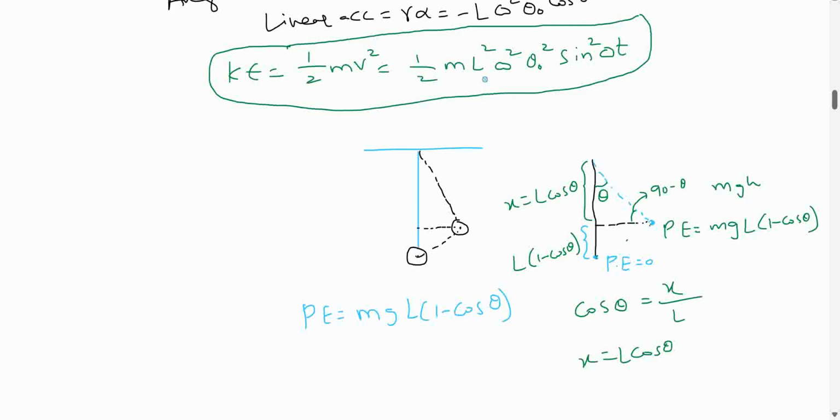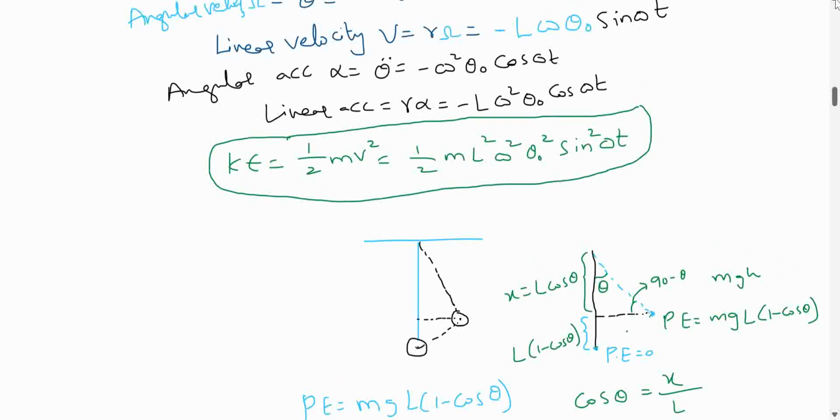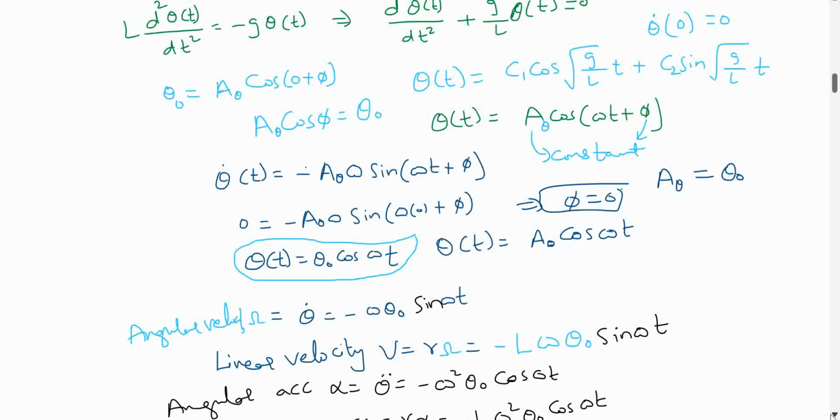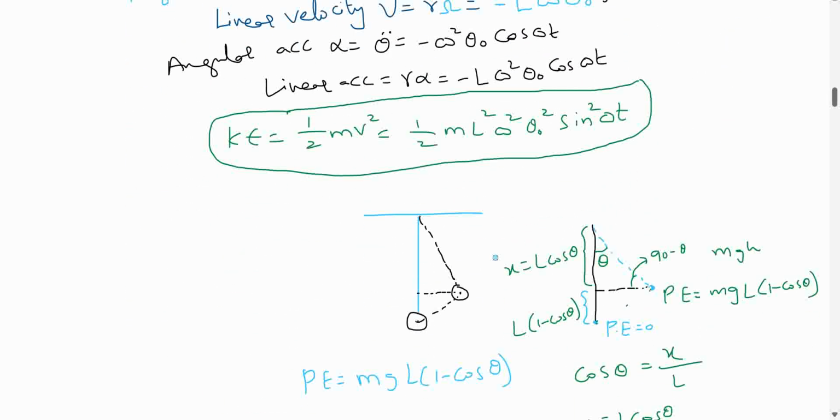So basically, sine square omega t. If we substitute, we haven't found omega here, but we can find it as in the previous case: omega is equal to under root g by L. So omega square is equal to g by L. When we substitute, KE will become half m L square times g by L times theta naught square sine square omega t.